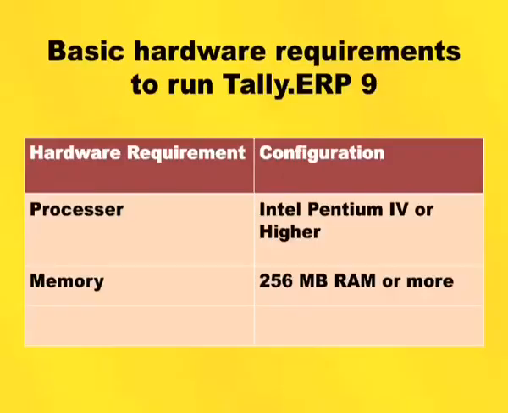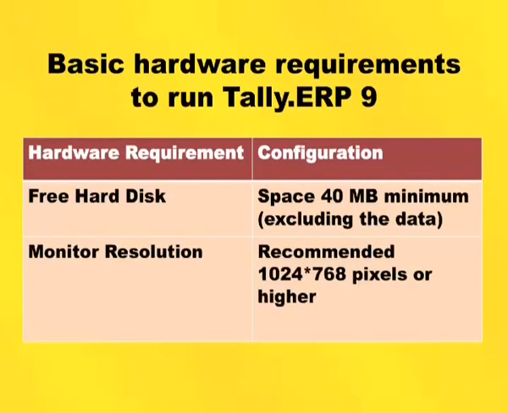Following is the list of basic hardware requirements to run Tally.ERP 9 on a computer system. Hardware requirement configuration: processor Intel Pentium 4 or higher, memory 256 MB RAM or more, free hard disk space 40 MB minimum excluding the data, monitor resolution recommended 1024 by 768 pixels or higher.